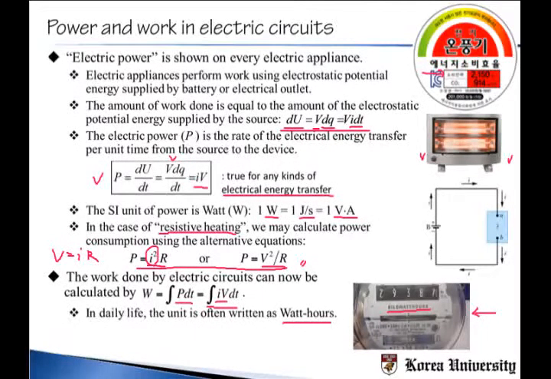Whenever you buy an electric appliance, it tells you how much power in watts it will be consuming. And if you use this machine for several hours, then you can easily calculate how many watt hours you have used. That is the reason why this non-SI unit is very often used in daily life.